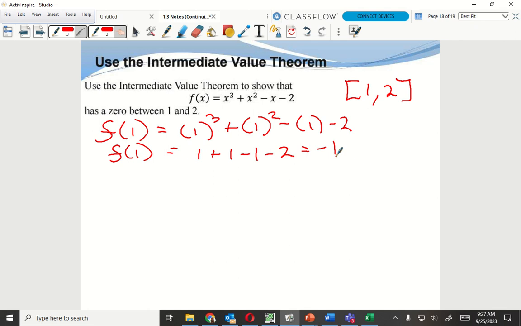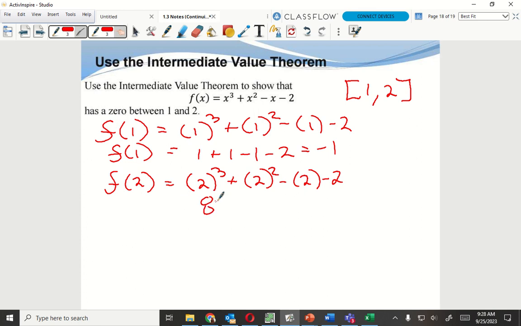Let's try the other side. Two cubed is 8, plus 4, minus 2, minus 2. So what are we going to get here? 8.